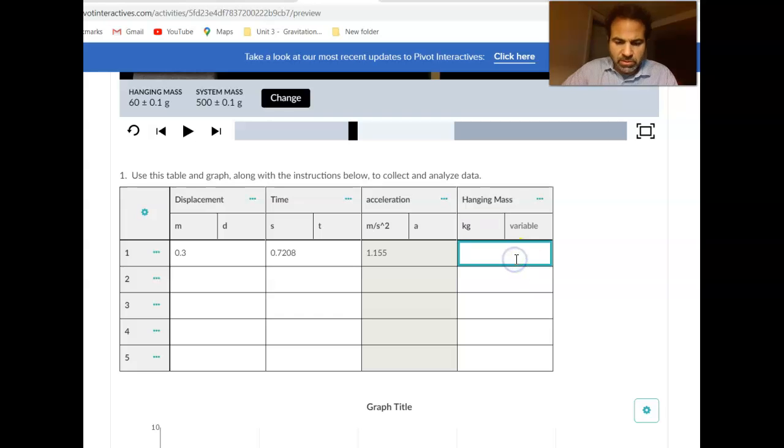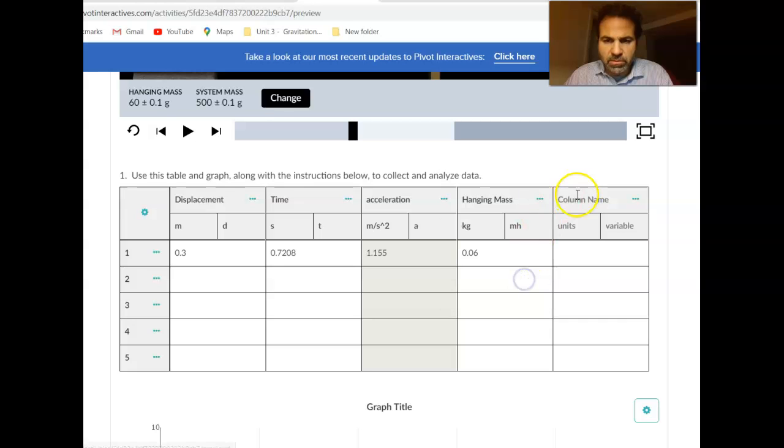That would be 0.060, and that's M mass hanging, MH. Now we're going to turn that into a force, the force of gravity on the mass hanging. So that's our accelerating force.